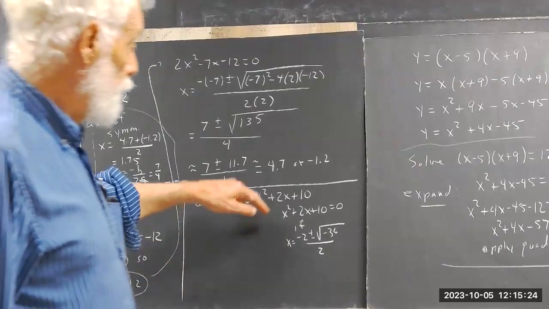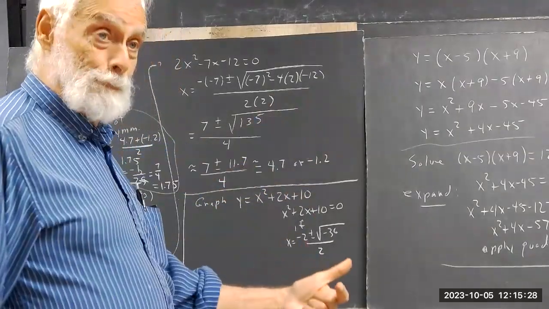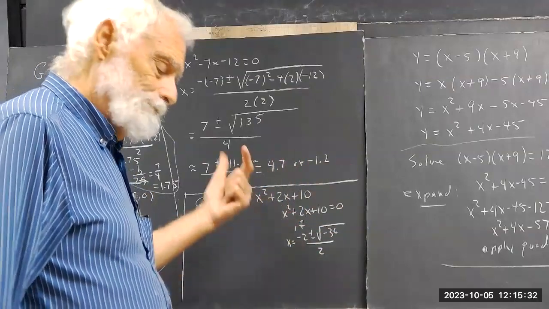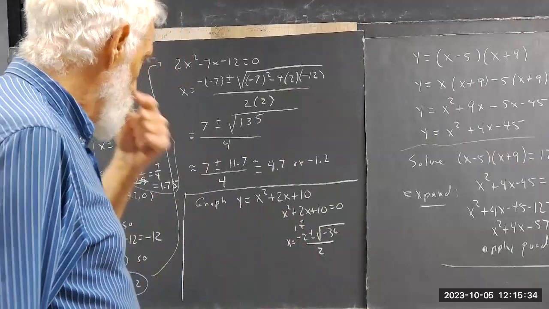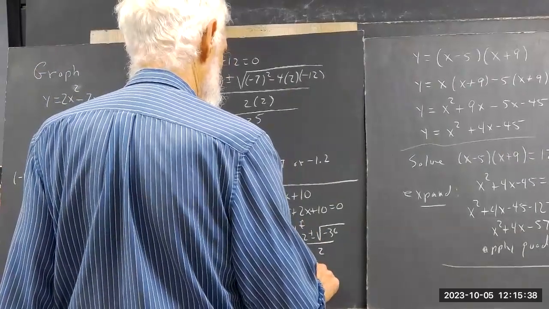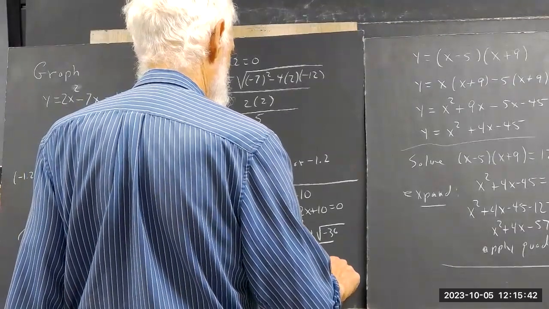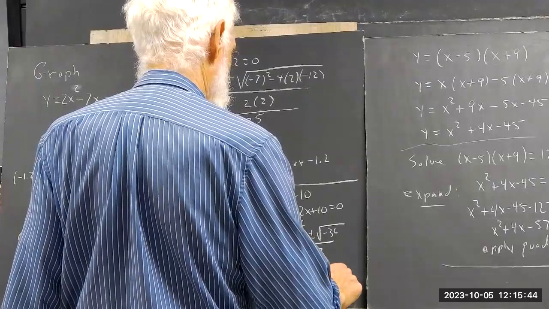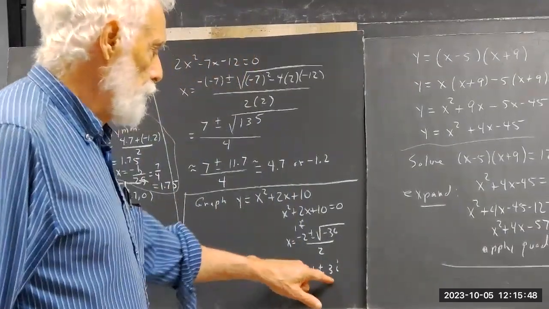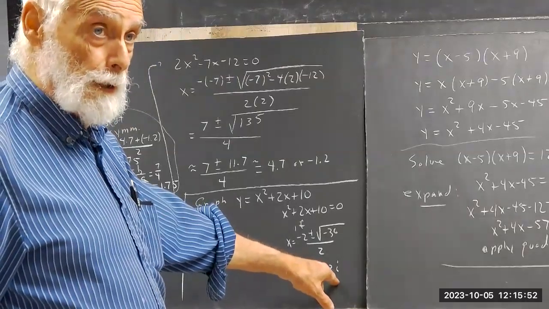The 4AC is just 4 times 1 times 10, which is 40, so negative 4AC gives you negative 40. 2 squared gives you 4. And we kind of luck out here because we get negative 1 plus or minus 3i, i being the square root of negative 1, an imaginary number.